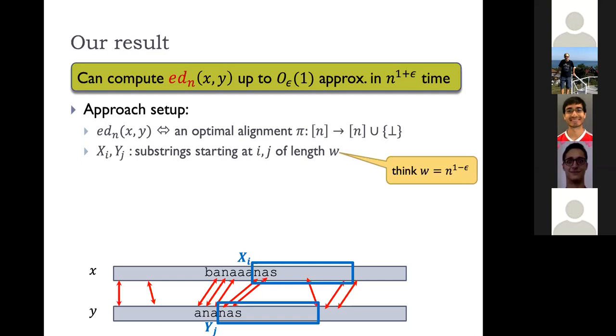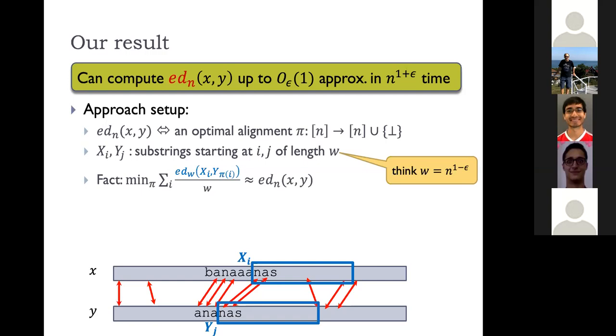Okay, so what can we say about splitting into these substrings? Well, one useful fact for us will be that we can think about edit distance between x and y as computing edit distance between substrings in a sense. This is just to decode this formula really. It's the minimum over all the alignments between x and y.